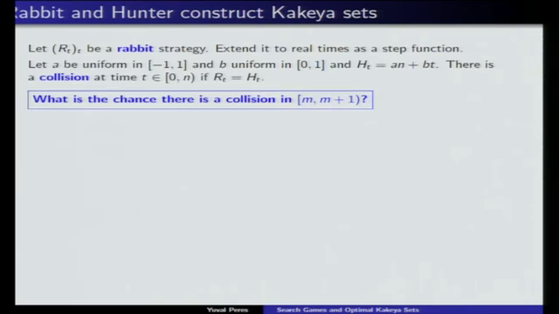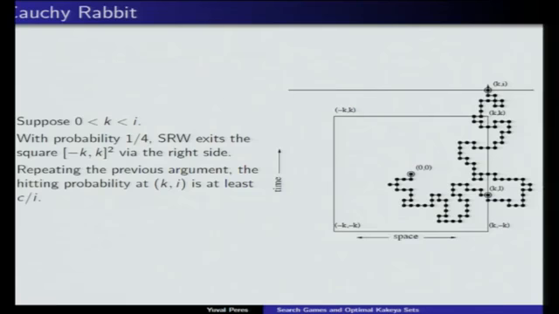And once you know this bound 1 over I, then you get expected number of collisions log n in 1 round, and hence the probability of colliding in a round is at most 1 over log n, and so the number of rounds needed for collision is log n.